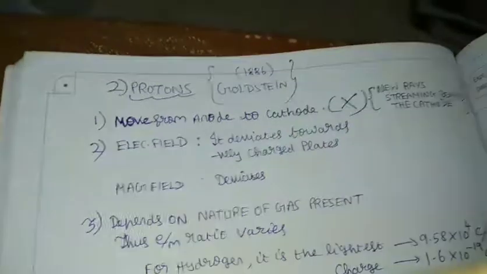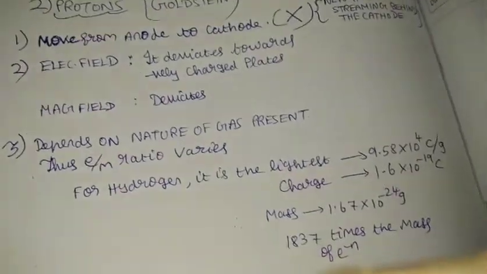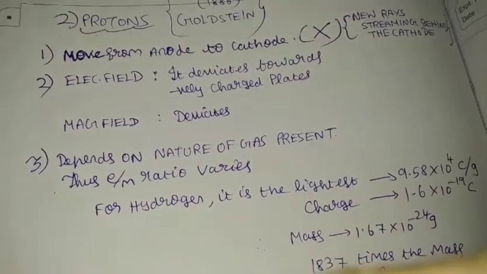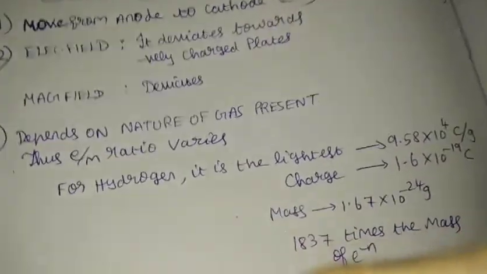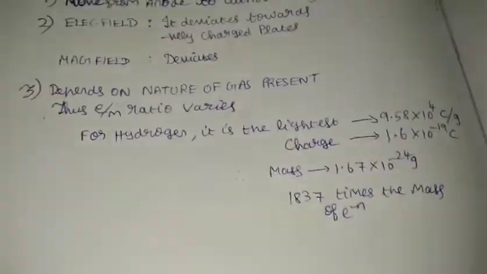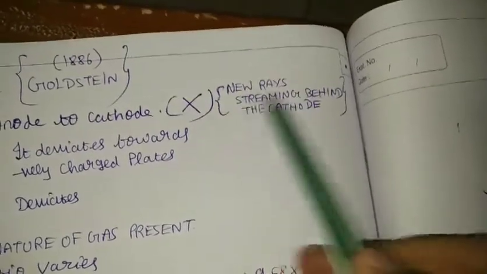So he performed this experiment in the cathode ray tube; at the cathode metal plate, right there he put a hole. So what is the result basically? He observed a new ray streaming behind the cathode.